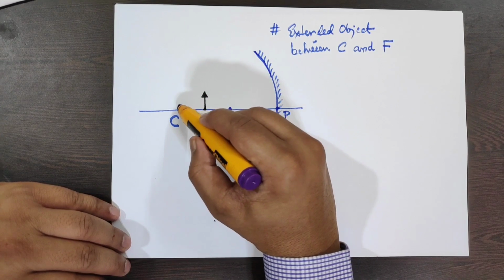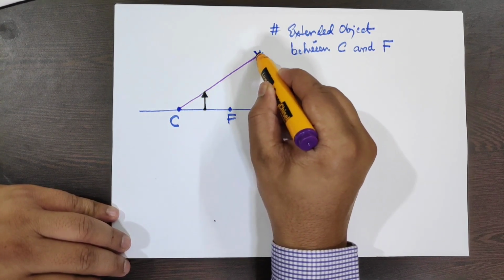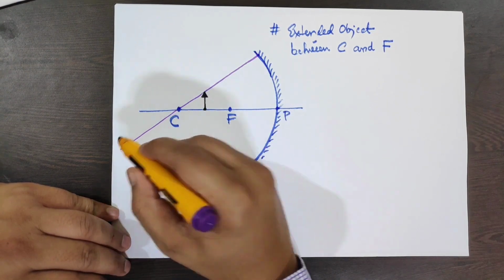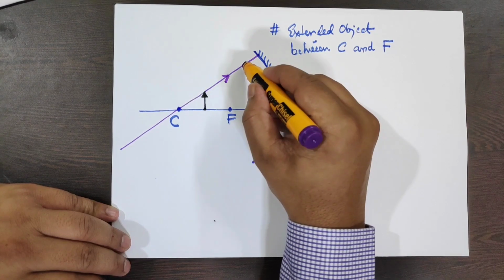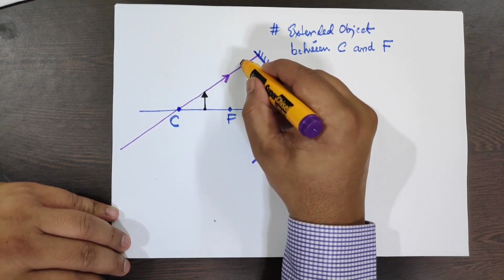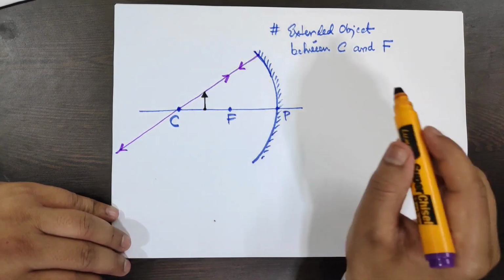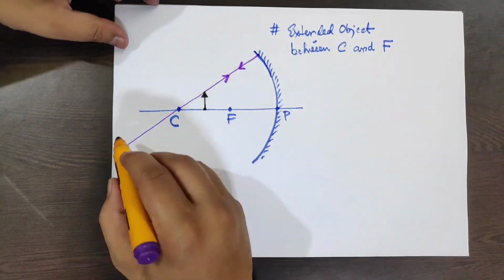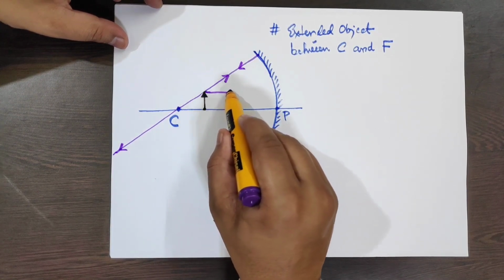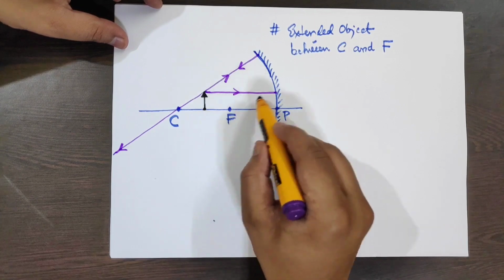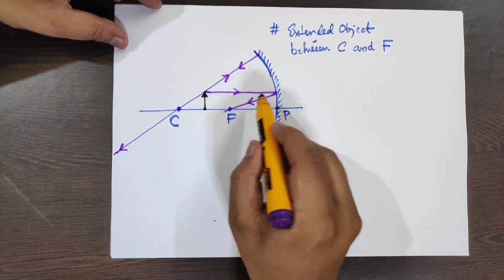So through the center, just join this point with the center, extend this line, so the light ray through here will come back like this. And one more light ray parallel to the principal axis will pass through the focus, right?